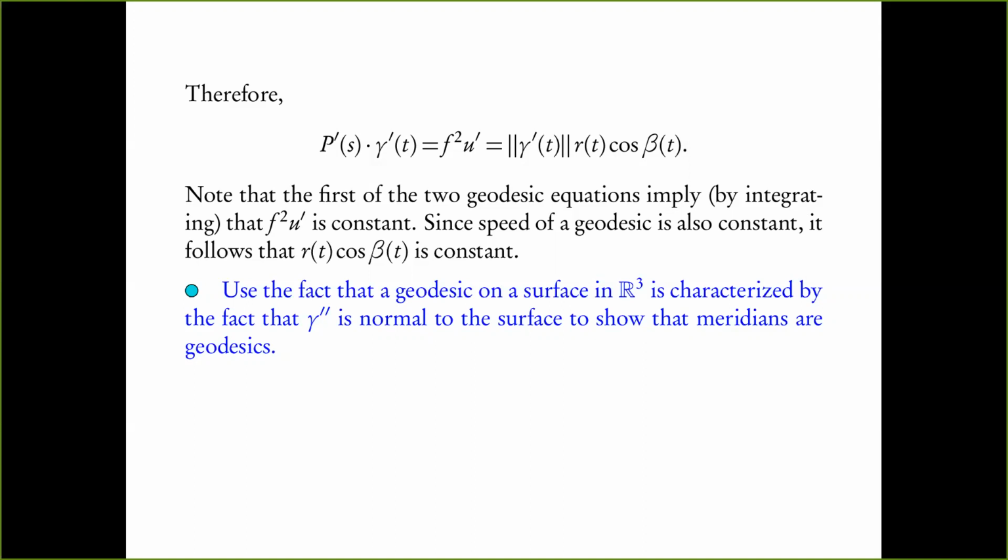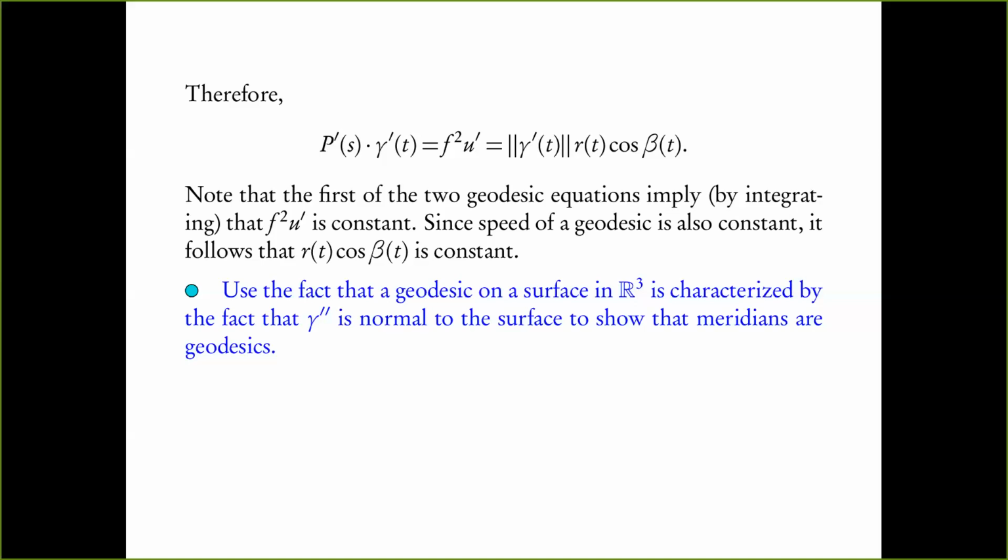Anyway, now let's quickly do one intermediate question before we go on to the final thing. The intermediate question goes way back to curves and surfaces. There we have seen that if you have a surface in R3, then a geodesic on the surface is characterized by the acceleration of the curve gamma.